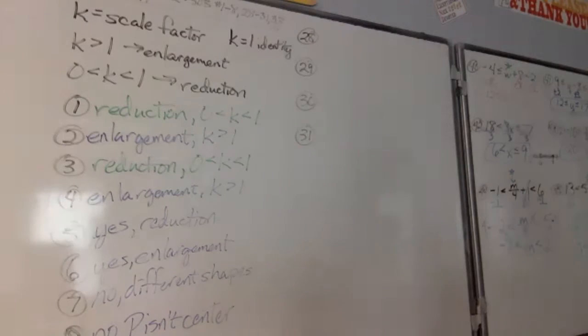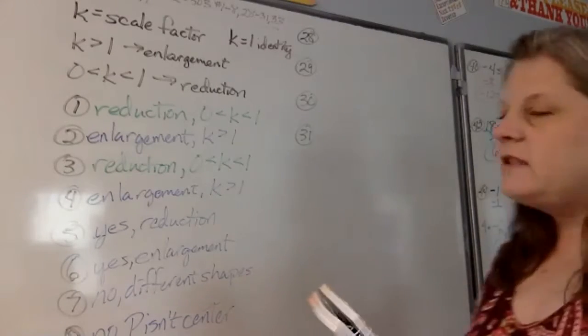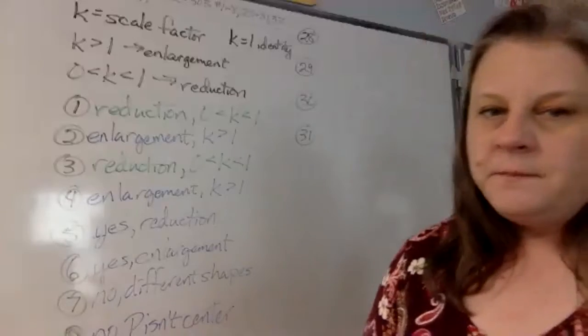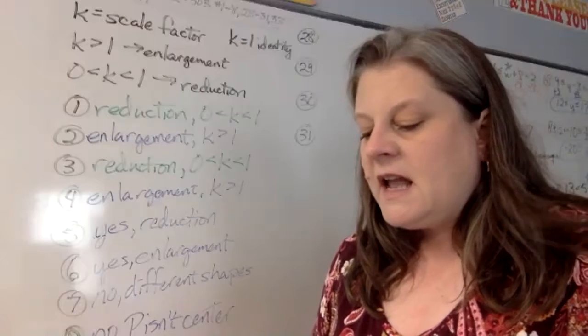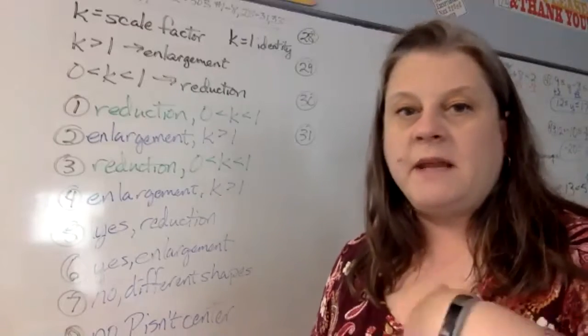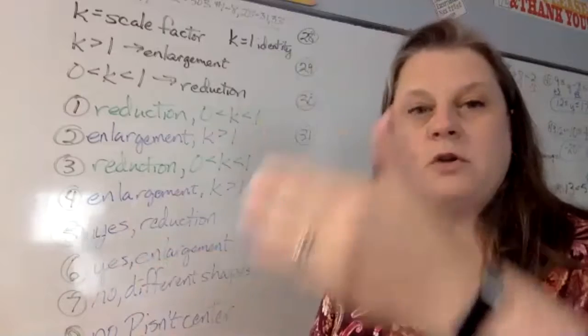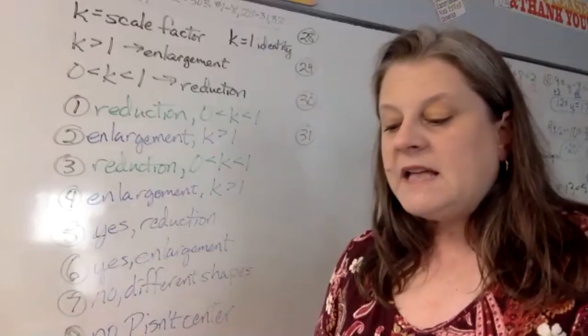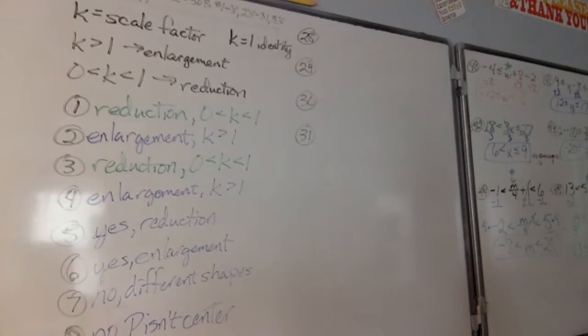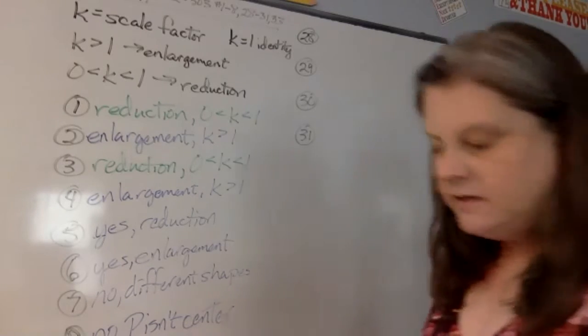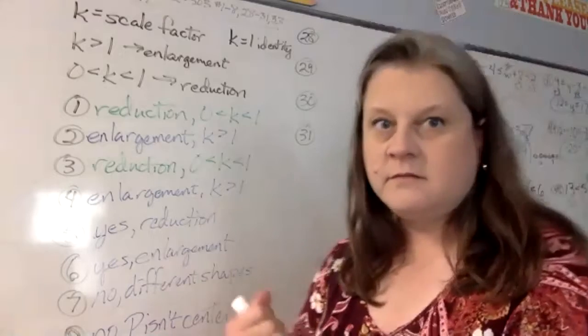Okay, on number 28, you're going to have to do just a little math. It says PL is equal to 10 units, and PL prime, that means your new L point in your new image, is equal to 30 units. When you are trying to find K, the new image length goes over the pre-image length.